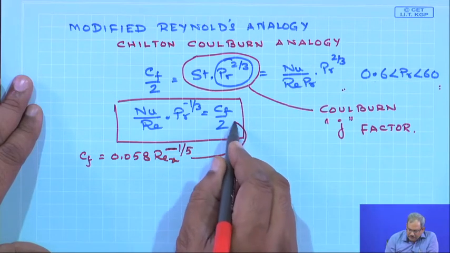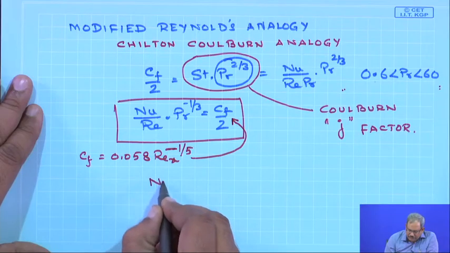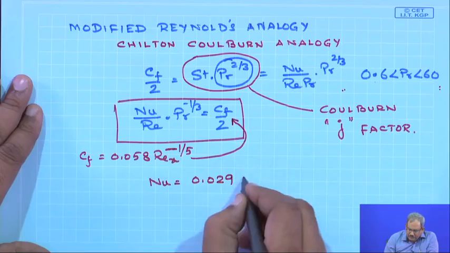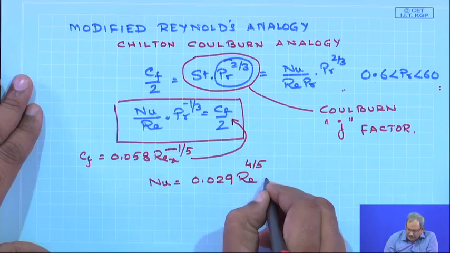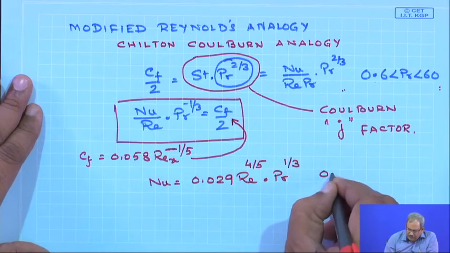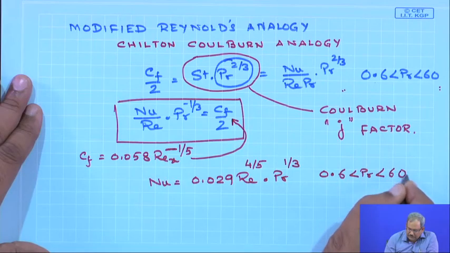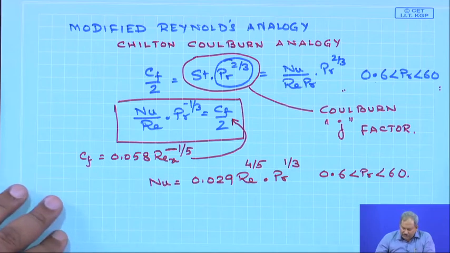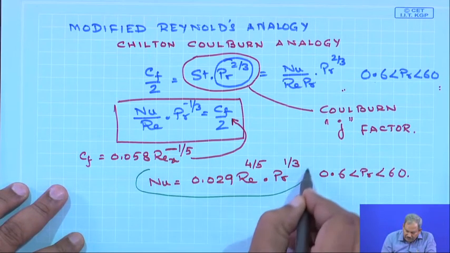Put it in here, and what you get is an expression for Nusselt number as 0.029 Reynolds to the power 4 by 5 into Prandtl to the power 1 by 3. The range of validity is between Prandtl number 0.6 and 60. See the beauty of it. This is something which is really interesting.